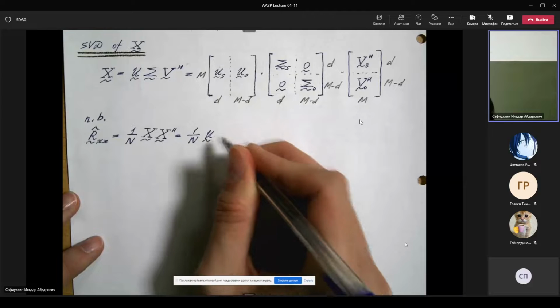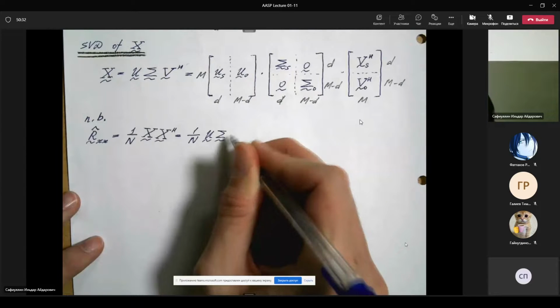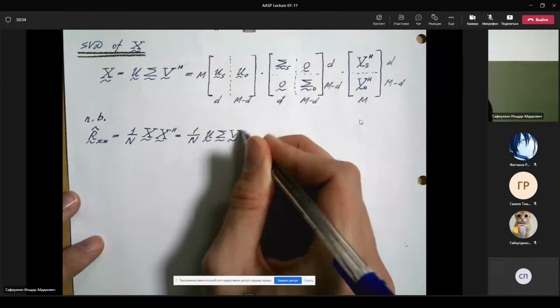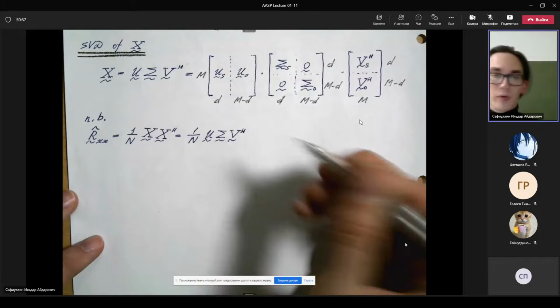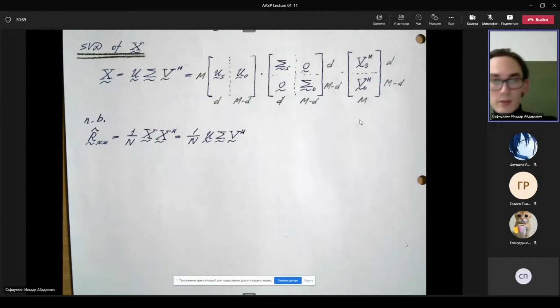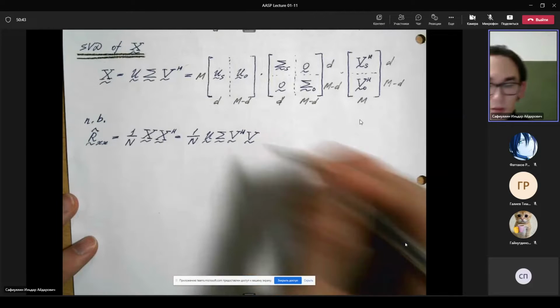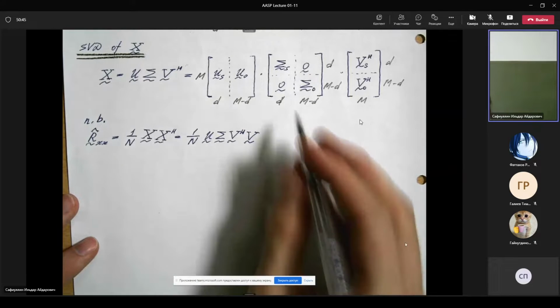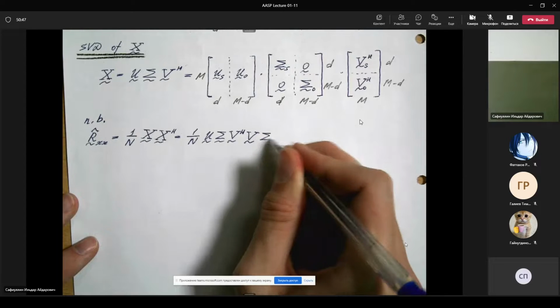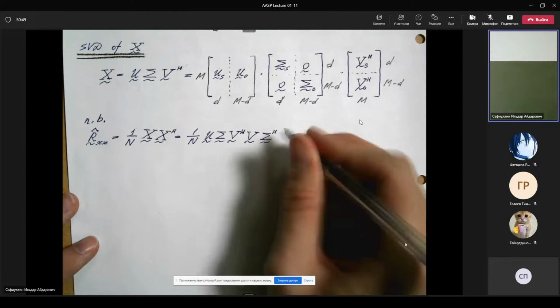We'll have u times sigma times V Hermitian, this one for x, and for x Hermitian we'll have V times sigma Hermitian times u Hermitian.